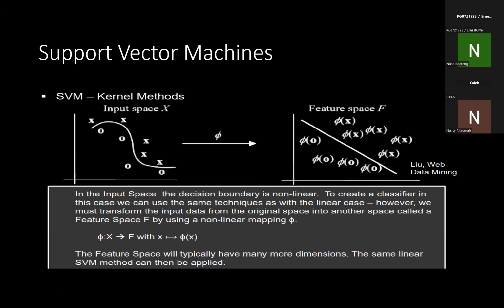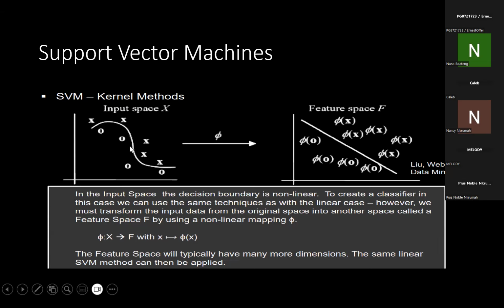So if you have a nonlinear case, SVM is able to create something like this, where it is able to classify the X from the zeros, so to speak. We will come to this later. It does this transformation through what we call the kernel trick.